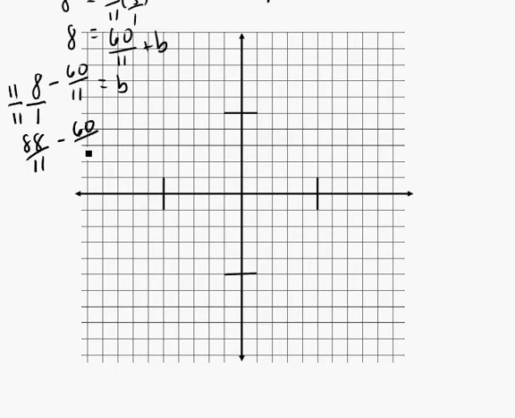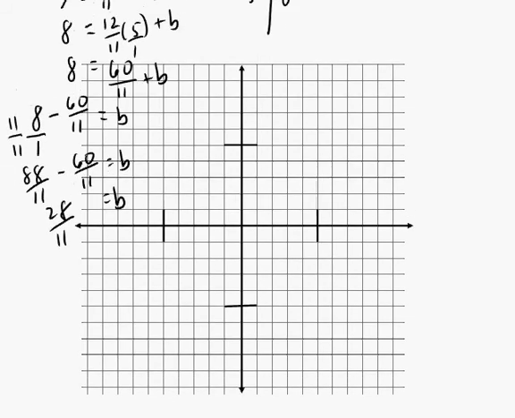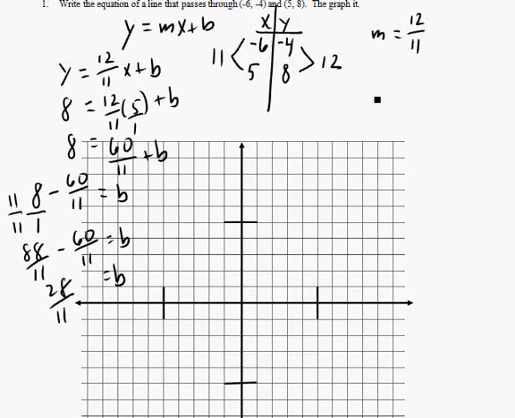So 88/11 minus 60/11 equals b, and we get that b equals 28/11. So, our final equation is y equals 12/11 x plus 28/11.